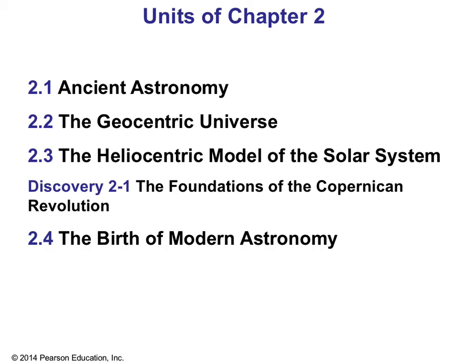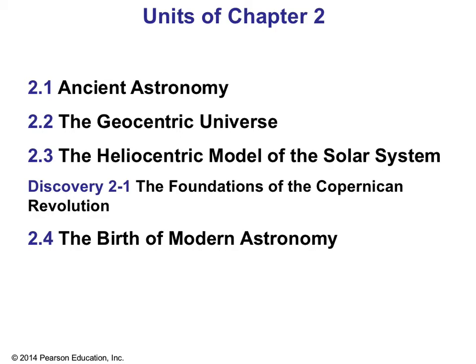So in Chapter 2, we are going to go through basic information about ancient astronomy and then through the two different types of models of the universe, first being the geocentric, the second being the heliocentric, which is currently accepted as the true model of the solar system.